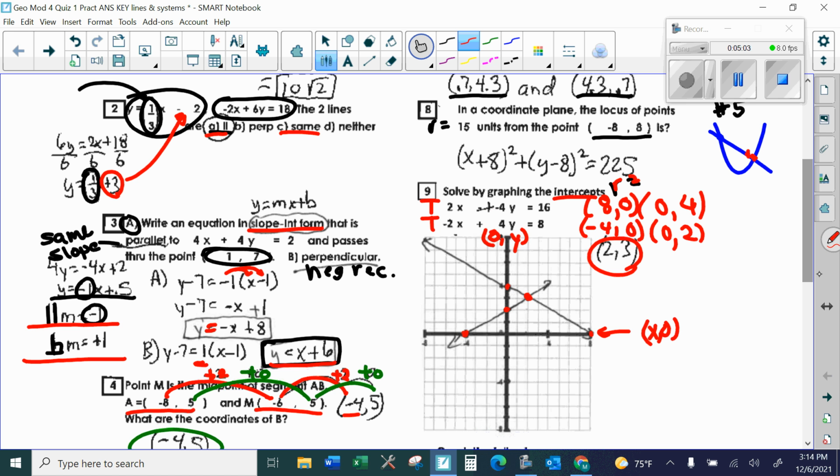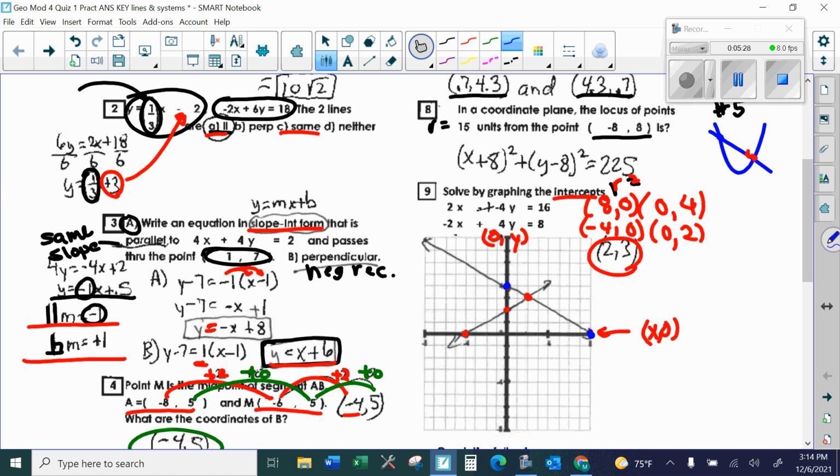So that's what we're doing here. For the first one I put y equal to 0, which means this term is crossed out. So I get 2x equals 16, x equals 8. Then I make x equal to 0. So I have 4y equals 16, so y equals 4. Okay, so I plot those 2 points, 8, 0 and 0, 4.